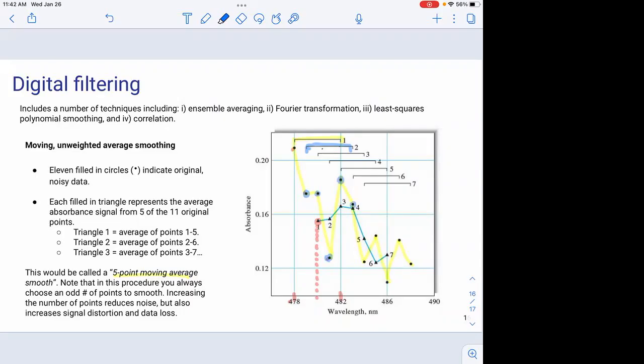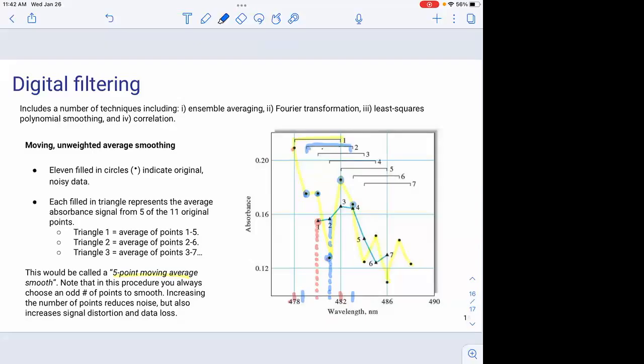And again, now your points span this range in wavelength. So you're going to put your new Y value right in the middle, and your new Y value is an average of these 5 blue points, right?